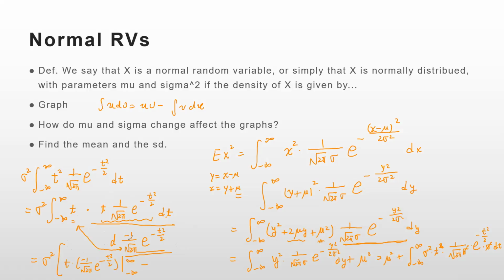But you have a minus here, and it cancels out with this minus, it becomes positive. Negative infinity to infinity, 1 over the square root of 2 pi, e to the negative t squared over 2 dt. Okay. It's going to be quick.